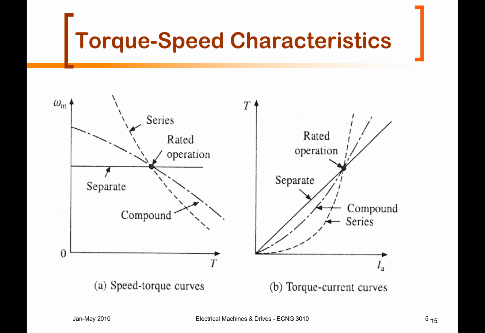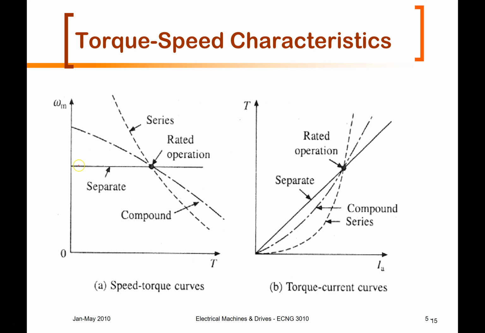Now, these different combinations, as we mentioned before, give you different speed-torque characteristics, and you're going to come across this for all the machines we do. Once you're looking at machines, you want to know how the speed is going to change with the torque, because different applications will demand different characteristics.